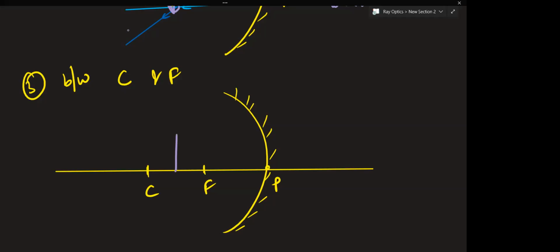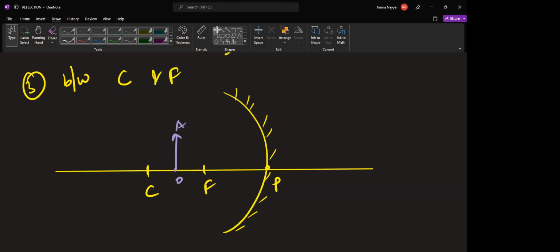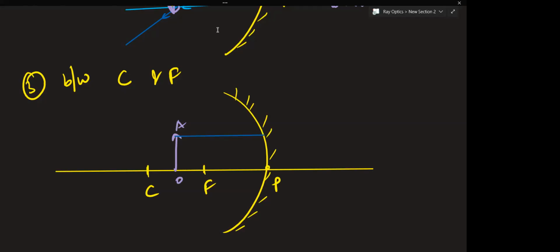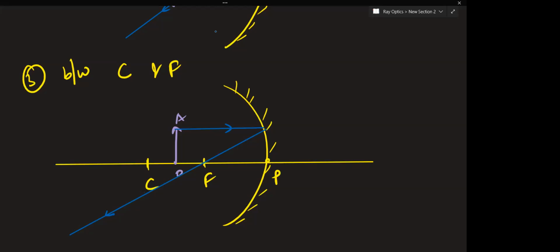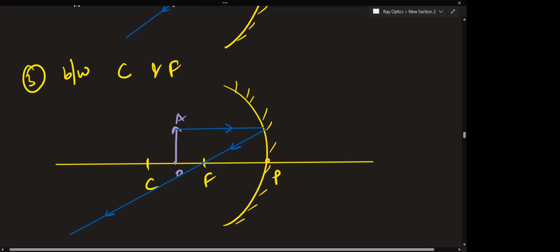Now between C and F, an object has been kept. This is your object AO. Now rays of light will pass through this first. It will be parallel, and it will move through the focus.